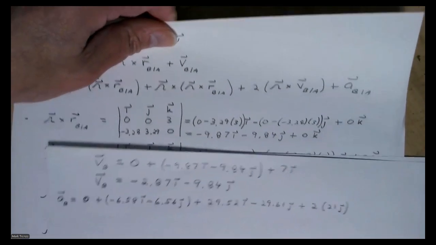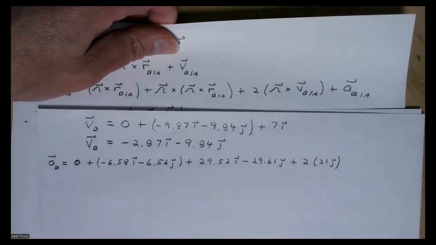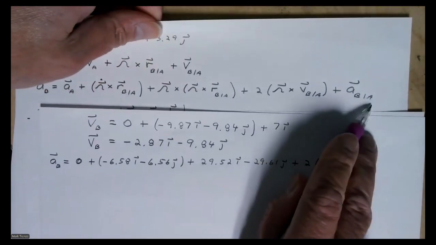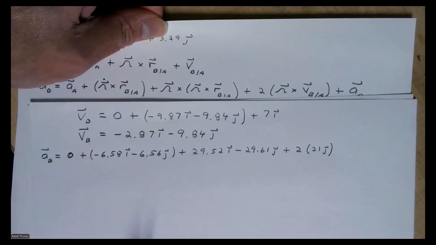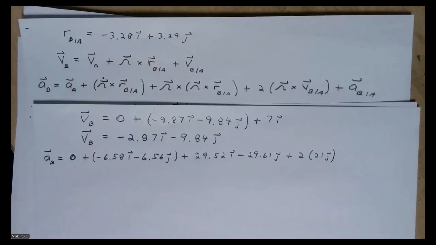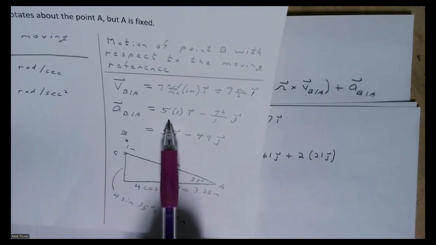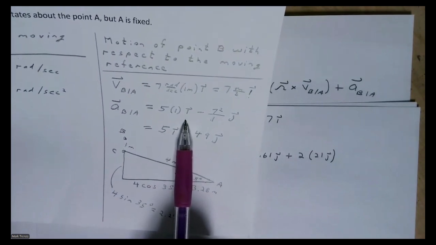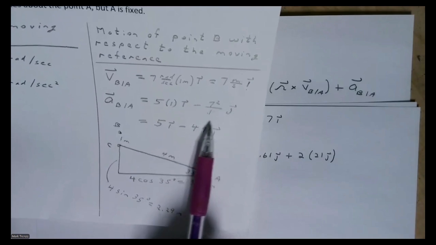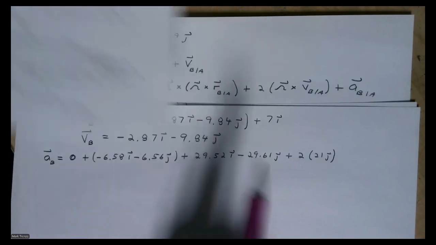And finally, the acceleration of B with respect to A. That was back from our first page, wasn't it? That was this 5I minus 49J.